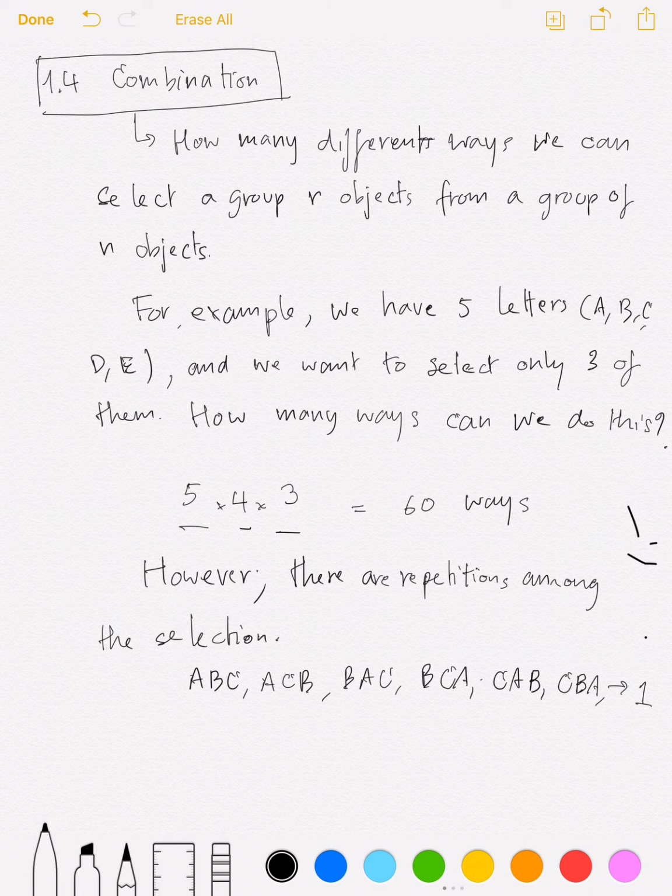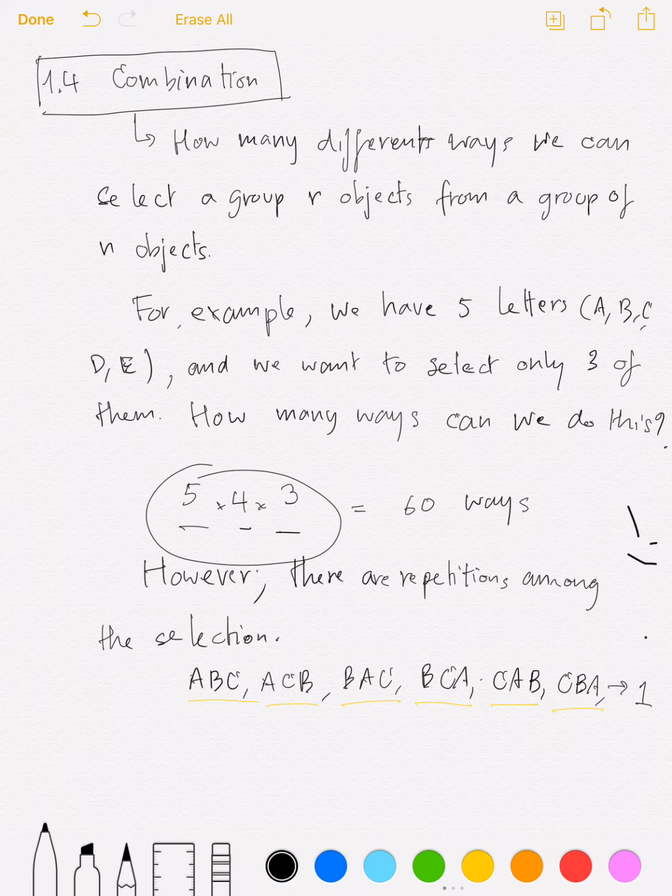We want to know just how many ways you can select 3 out of 5. When we do 5 times 4 times 3, the order matters, but we are only interested in the group of 3, so all of these count as one.